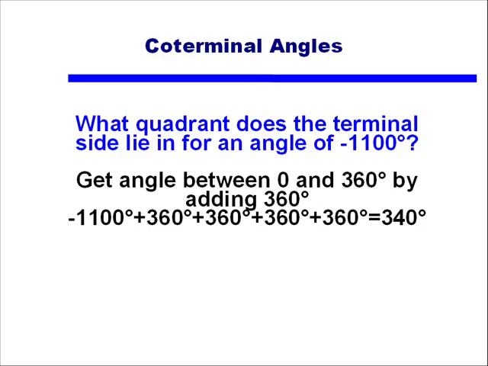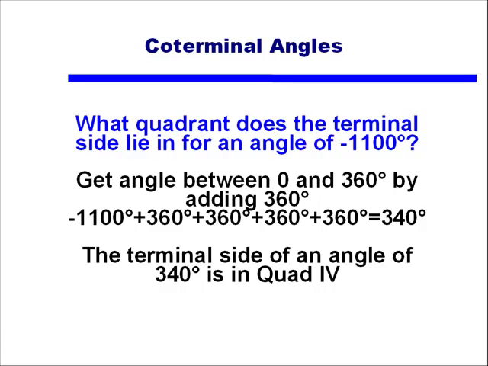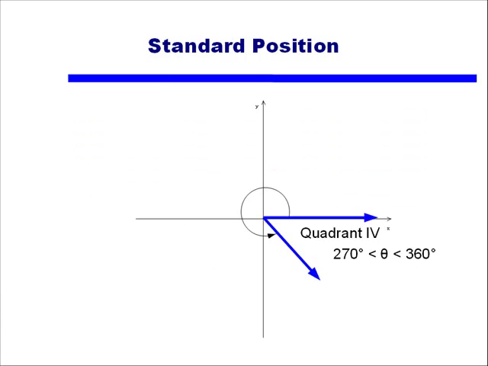So we need to add complete rotations to this negative number until we get a positive result between 0 and 360. And in this case, we're going to need to add 4 complete rotations in order for this to happen. So if we add 360 degrees 4 times, we end up with an angle of 340 degrees. An angle of 340 degrees has a terminal side in quadrant 4. Again, if we look at a slide from the beginning of the class, we see that quadrant 4 has angles between 270 degrees and 360 degrees.